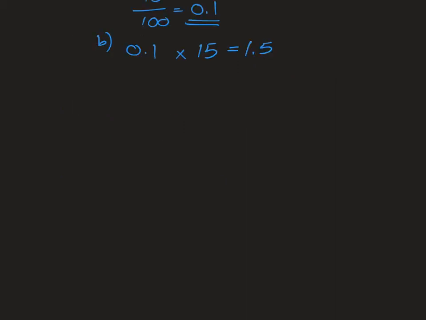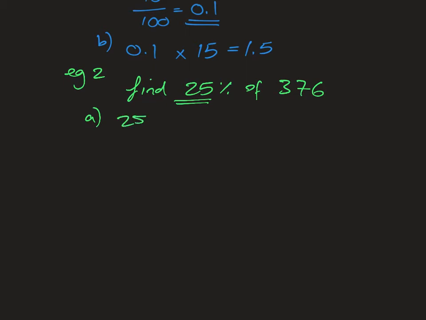Let's try a second example, example 2, and this time we'll have find 25% of 376. Okay, so step A was to convert that into a decimal, percentage to decimal, so do 25 divided by 100 equals 0.25.